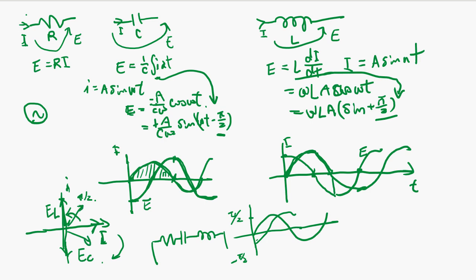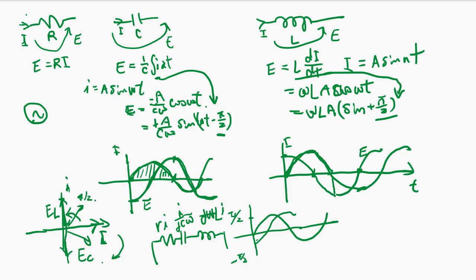So it's going to be R, and J, C, omega, I, Ri, and J omega L, I.